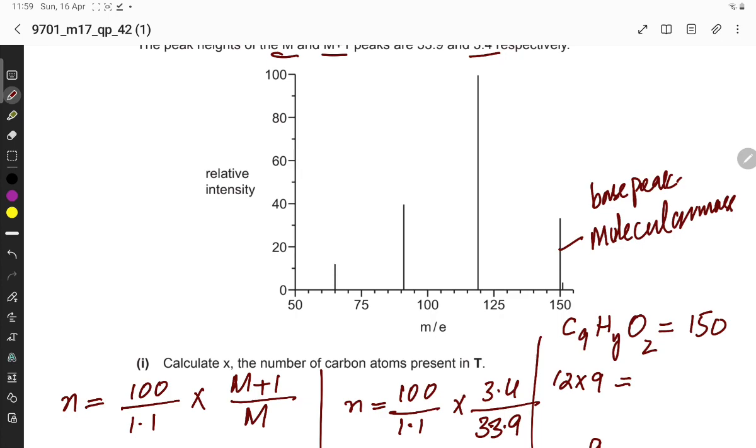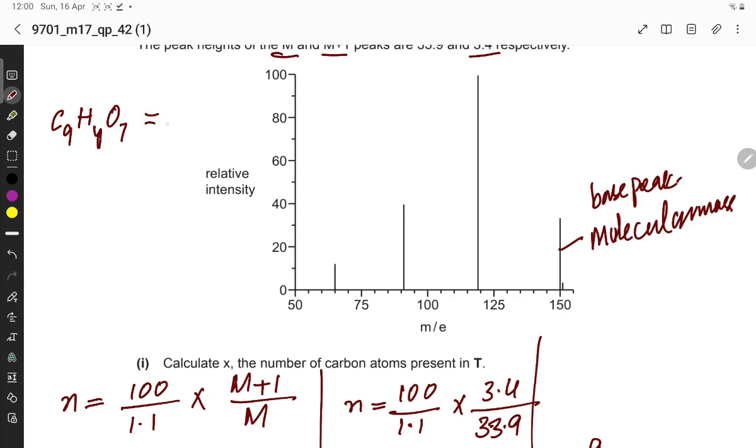I use this space for working. So if carbon is 9, C9HyOz, this is the molecular mass, equal to 150.